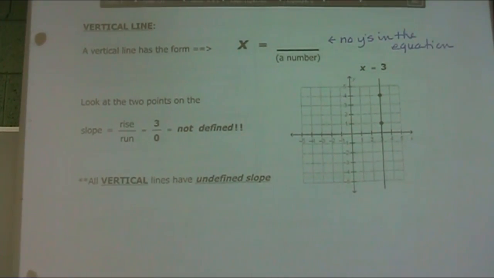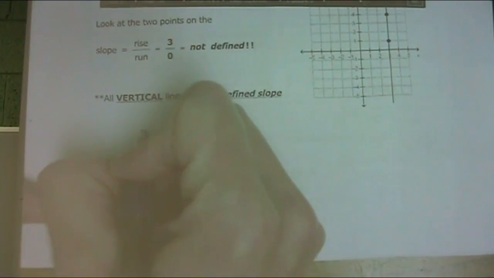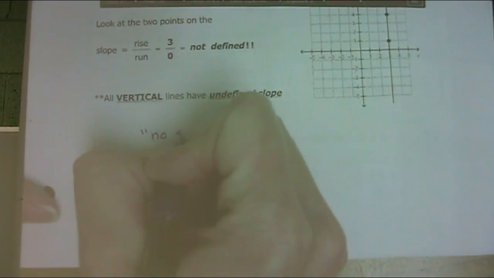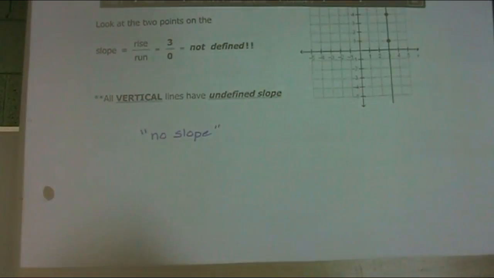Now I want to touch on a phrase which I see students use and is used in the book, and I want to make sure we use it correctly. And that is the term no slope. What does no slope mean? Sometimes students use this to mean 0. It does not.